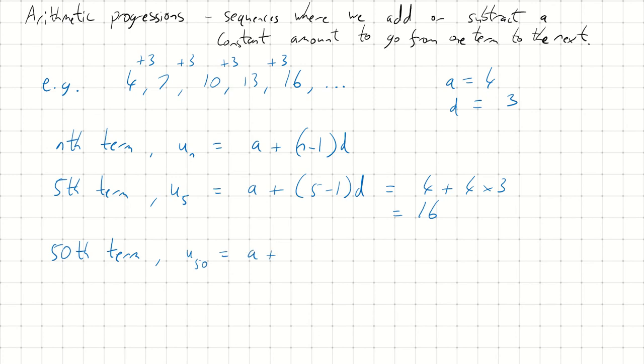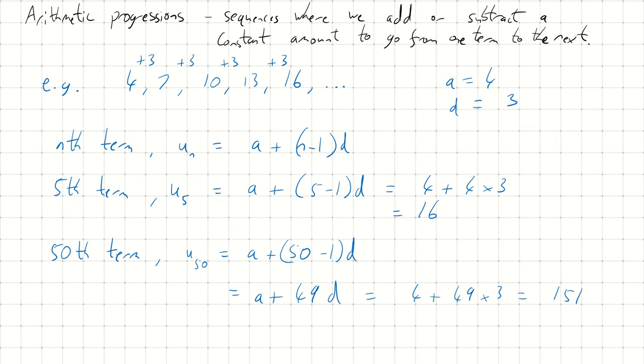U50 is just A plus (50 minus 1)D. Well, that's just A plus 49D. Well, A is 4 and D is 3, so this is just 4 plus 49 times 3, which is 151.